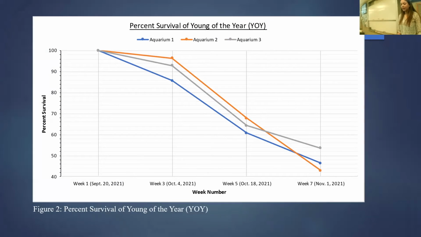I lost 44 young of the year, so that was about 50% of the young of the year. I think that was due to competition that was present among them, but hard to observe just because of the number of them. That led to about a 10% survival drop per week, so the survival dropped pretty consistently among the 3 tanks.